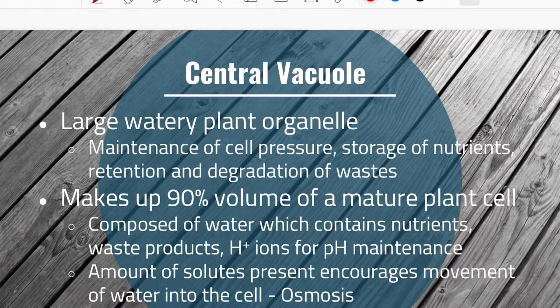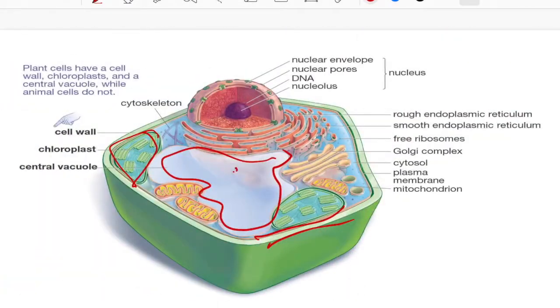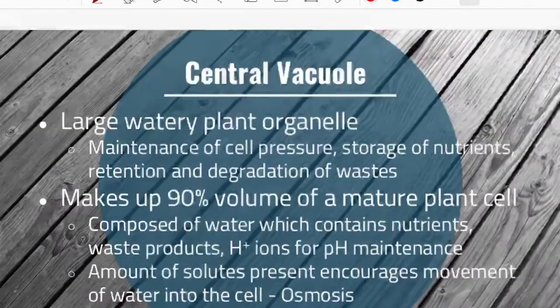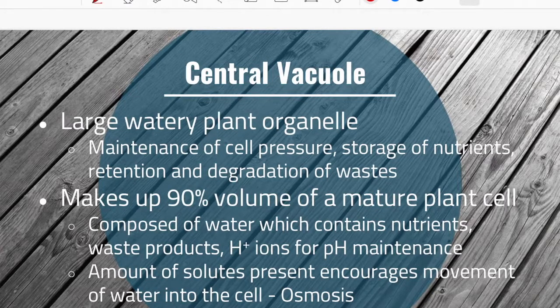That's what we're looking at. The central vacuole, which is this thing right here, is extremely large. And it is very important because it helps to maintain cell pressure. It stores nutrients. It helps with retention and breaking down waste, but it's extremely important for maintaining cell pressure.